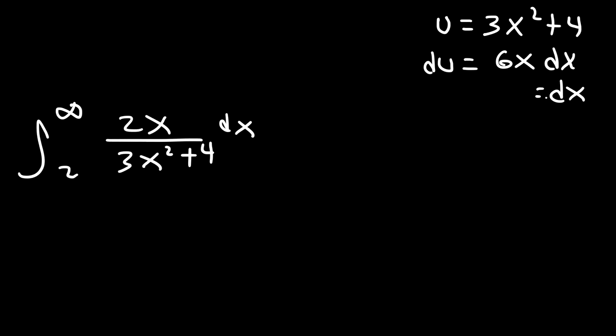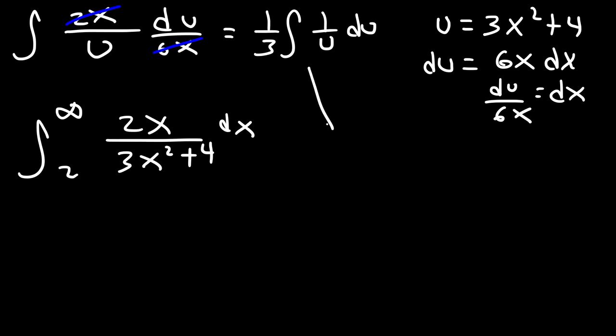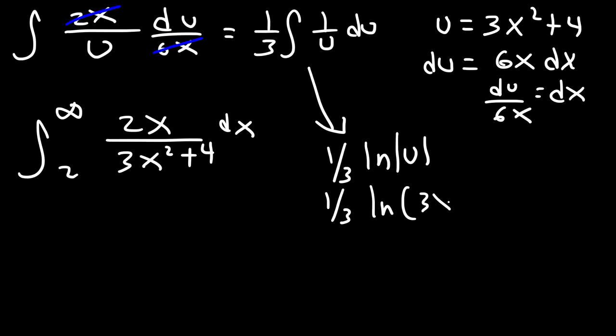And so dx is du over 6x. So this is going to be u on the bottom, and then replace dx with du over 6x. So 2x over 6x, that's going to be 1/3. So this is 1/3 times the integral of 1 over u du, which is going to be 1/3 ln u, and then that's going to be 1/3 ln 3x squared plus 4.